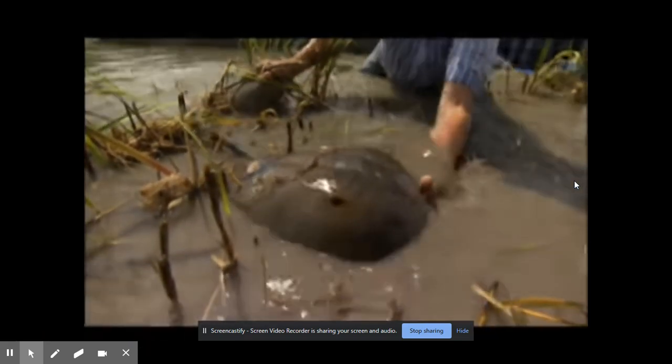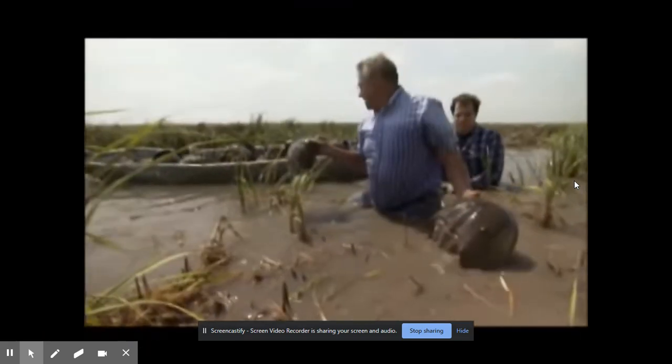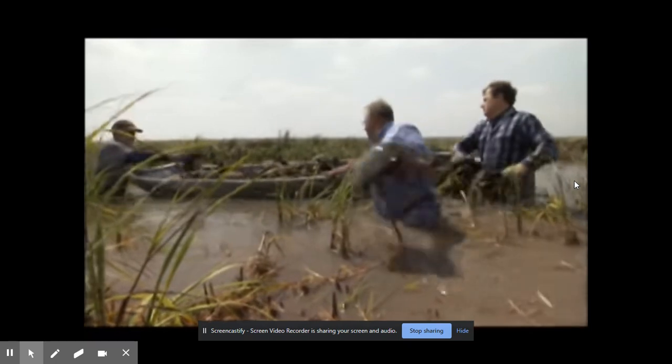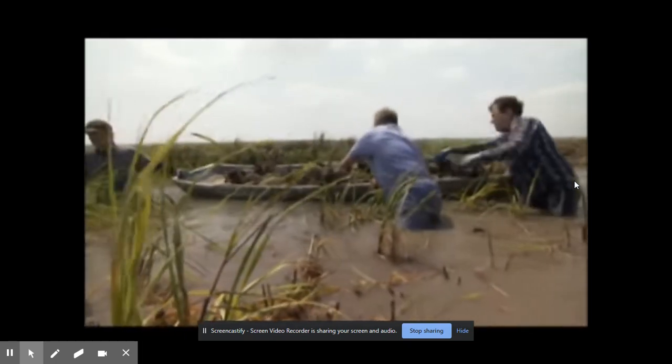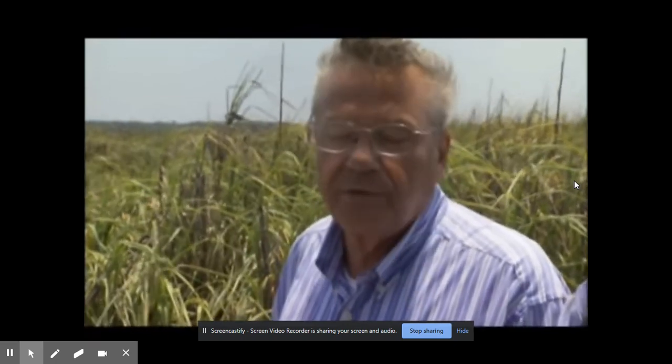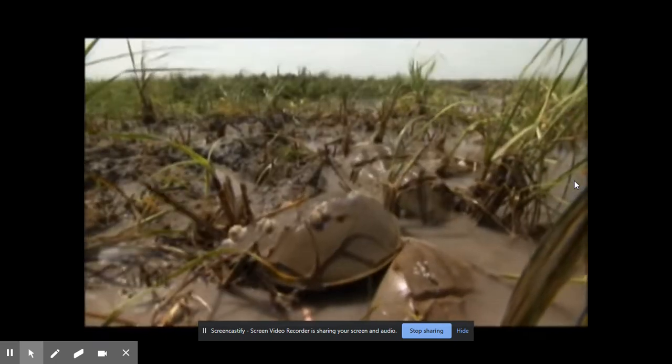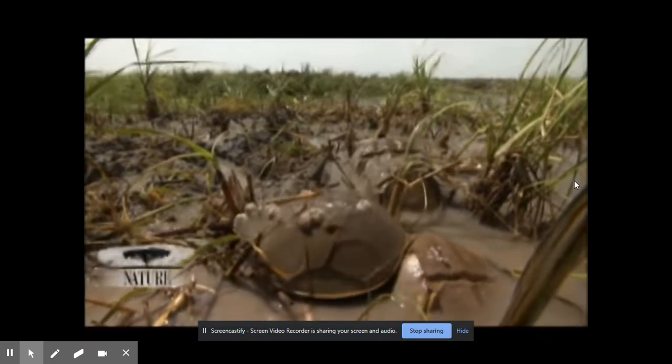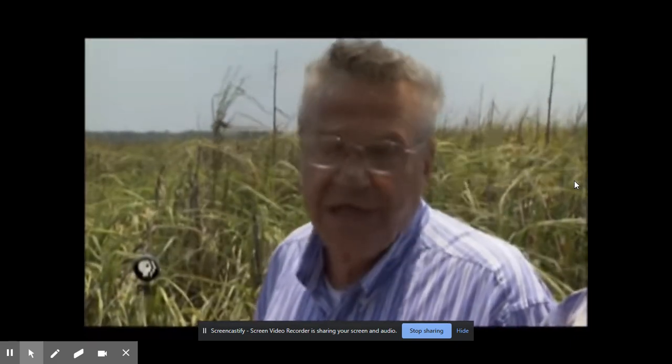Few of us realize just how valuable the horseshoe crab is. When I first started 37 years ago, we were allowed to harvest them. There was no recording, there was nothing. And they became fair game, and I was involved with selling them for bait.